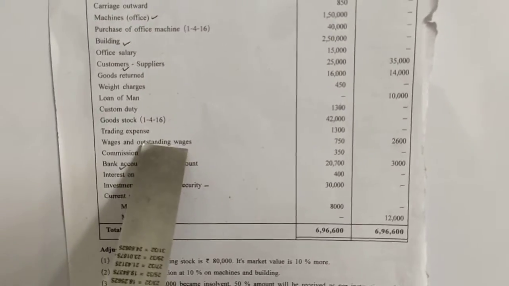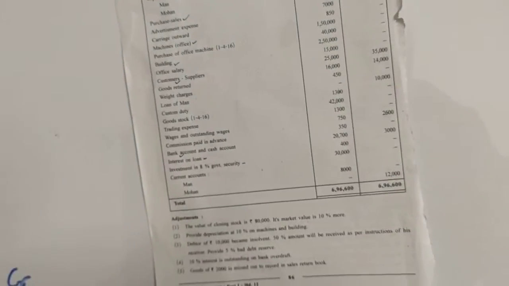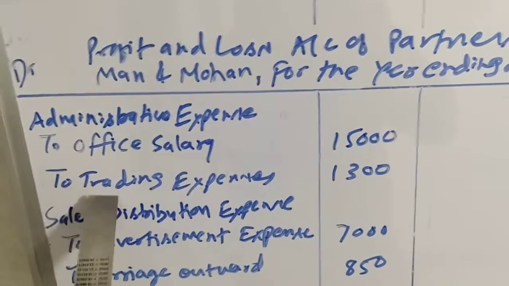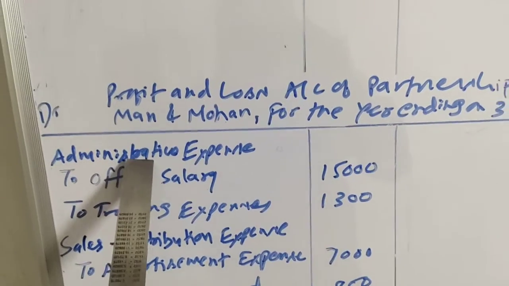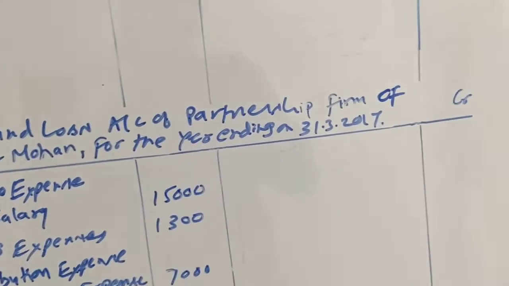Next is trading expense 1,300. So this is the amount of administrative expense which is supposed to be recorded at the debit side of profit and loss account. So here it is under the administrative expense, to trading expenses 1,300.